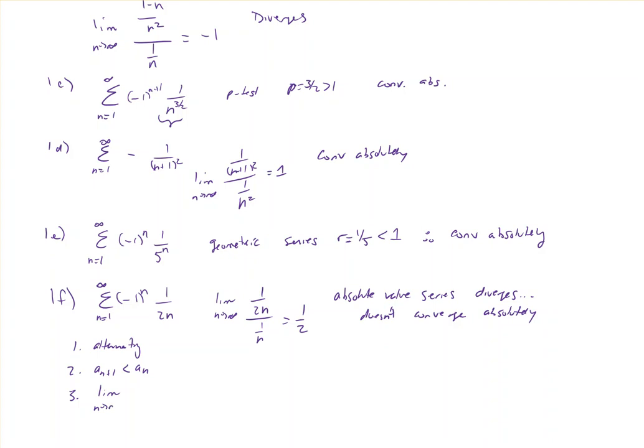And yeah, that's clear as day, right? You plug in infinity here, you're going to get 0. So we have all 3 requirements for conditional convergence. So 1f is our first example. Yay! We found one that doesn't converge absolutely, but does converge conditionally.